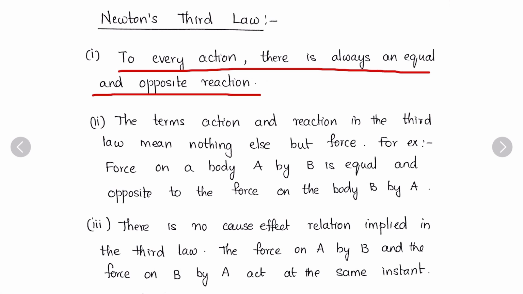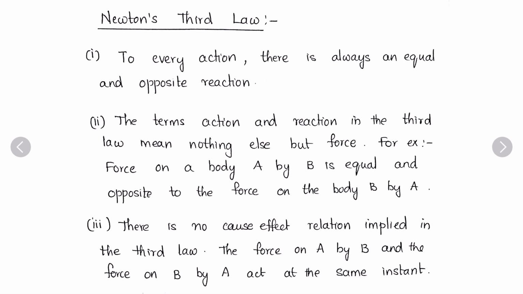For example, let us take two bodies like this. One is A, another is B. Let them come and hit each other. Then A applies a force on B, let it be FAB, and B applies a force on A. Therefore, these two forces are equal and opposite.